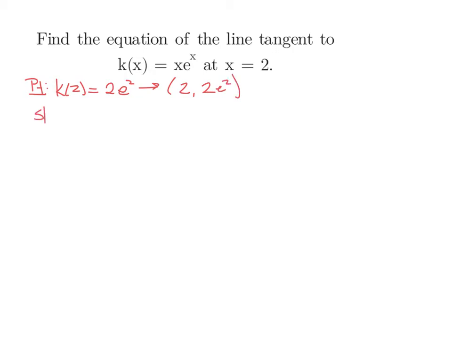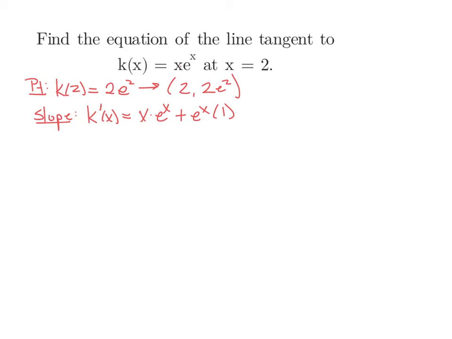Next, we need to find the slope. And of course, the slope of a tangent line is the derivative, so I'm going to find the derivative function first using the product rule. Because we're multiplying x times e to the x, we're going to do 1d2, so x times the derivative of e to the x, which is e to the x, plus 2d1, e to the x, times the derivative of the first function, which is just 1.